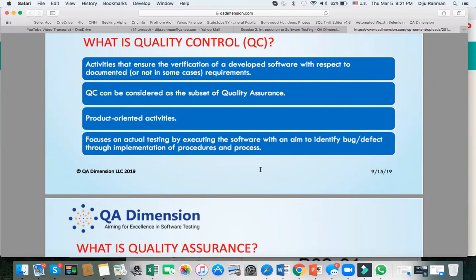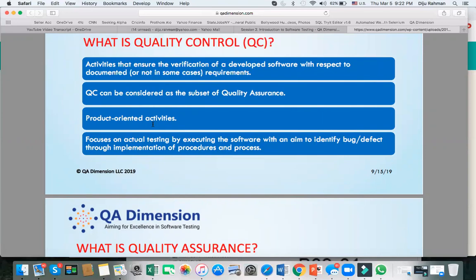It is also a product-oriented activity. That means all those different folks we talked about before get together and finish their role or their product based on their job-specific function. If the system analyst's job is to define the system requirement, and the BA's job is to define the business requirement document, all of these can be part of quality control.